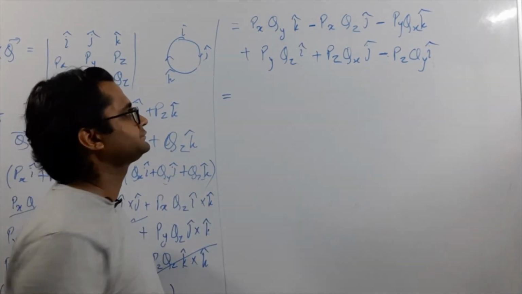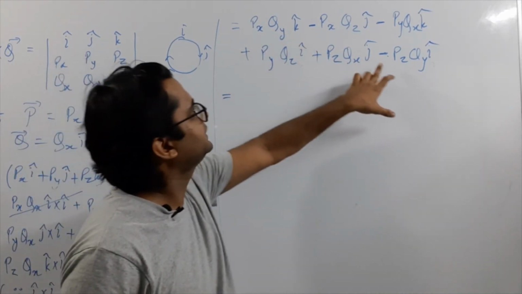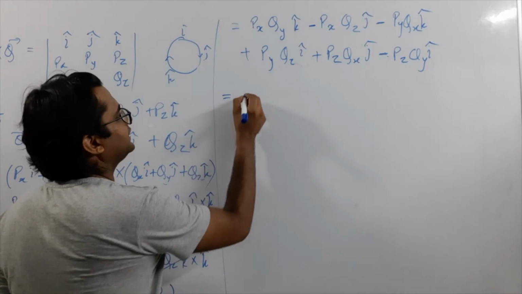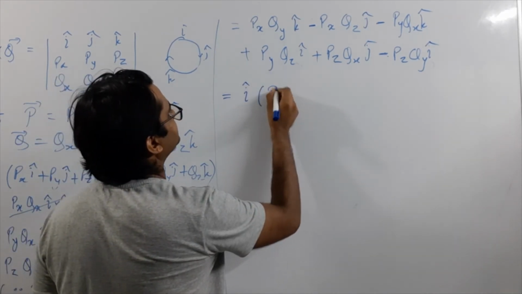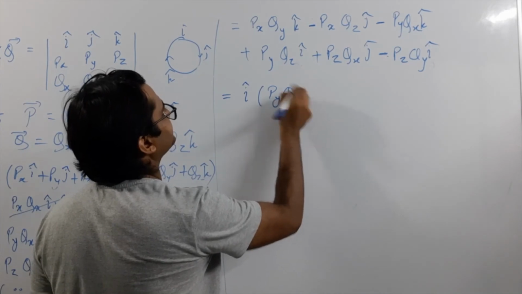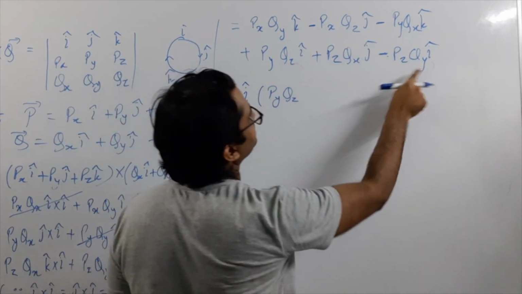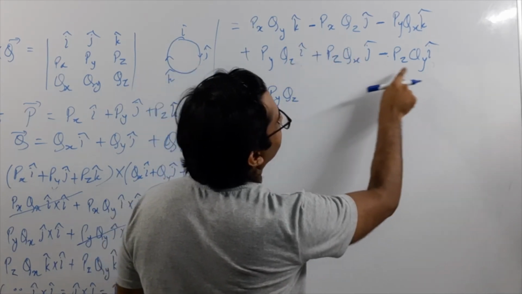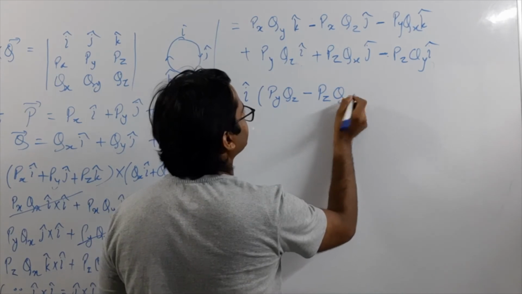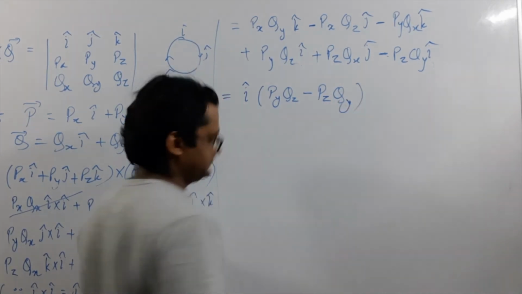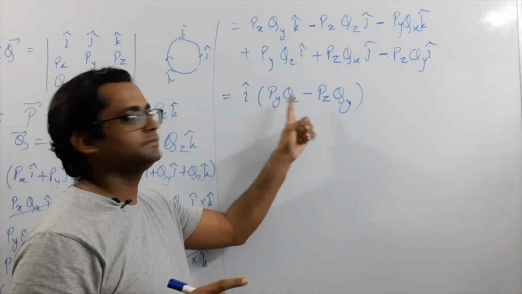Now let us take common terms. This is my I cap, so let us take I cap first. What is left in my bracket is py qz minus pz qy. Now in my second term we always keep a minus sign.